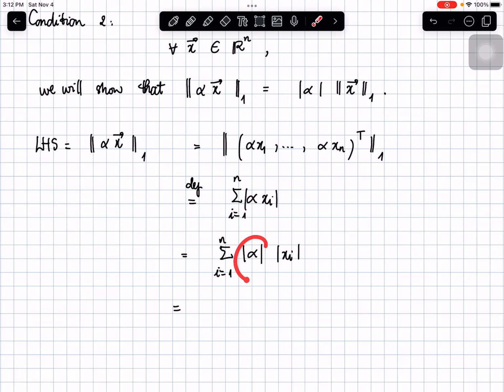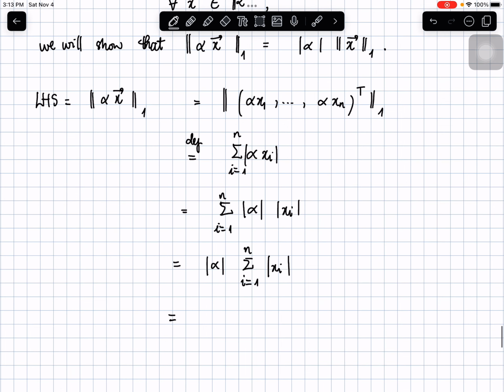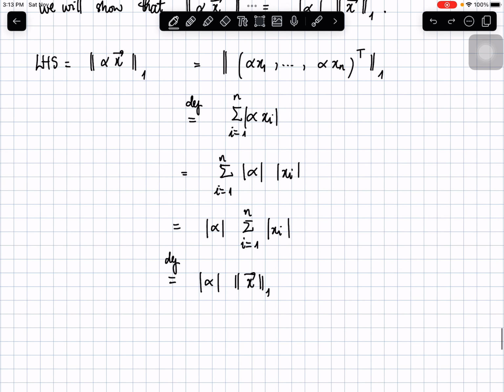This alpha is just a scalar that does not depend on any i, so we can take it out of the sum from i from 1 to n of the absolute value of xi. Absolute value of alpha is still the same, and the rest is the norm 1 of x, which is the right hand side.